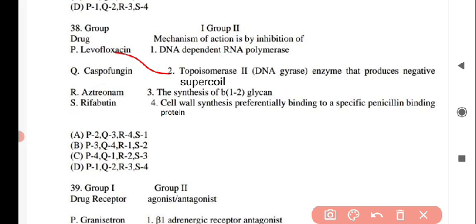For this, the correct answer is option number 3, synthesis of beta 1,3 glycan. The next is aztreonam. The correct answer for this is option number 4, that is cell wall synthesis preferentially binding to a specific penicillin binding protein. And for rifabutin, the correct answer is option number 1, that is DNA dependent RNA polymerase. So option A is correct for this question.